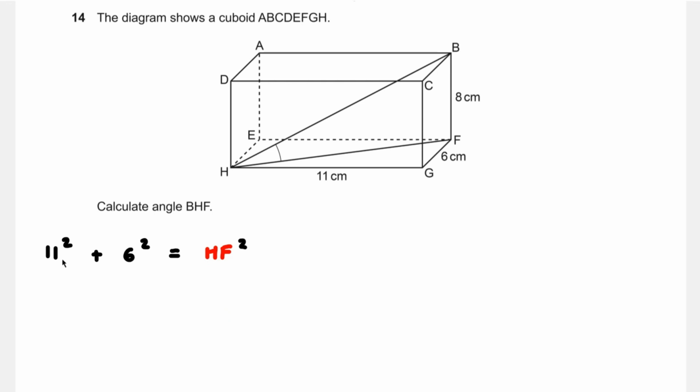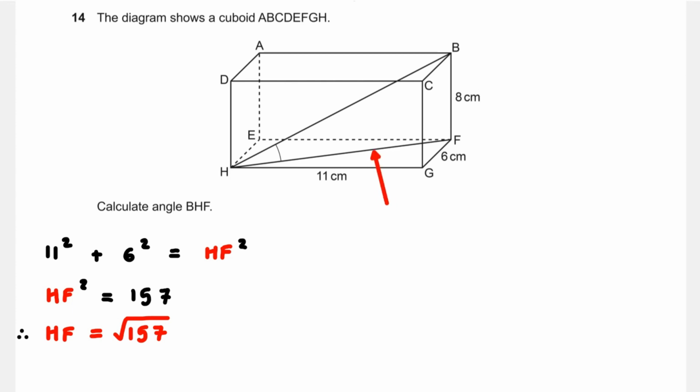So I've got 121 plus 36, which is 157. So HF squared equals 157, which means HF equals the square root of 157. So let's add this to the diagram.